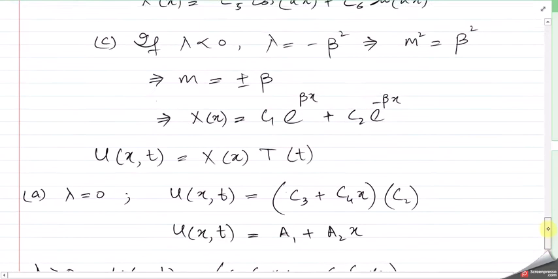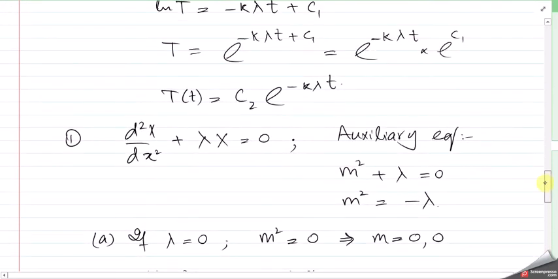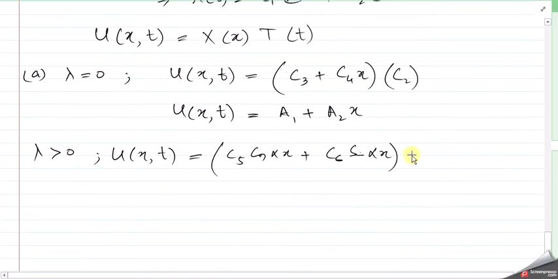And from T of t we get c2 e raised to the power minus k lambda t.